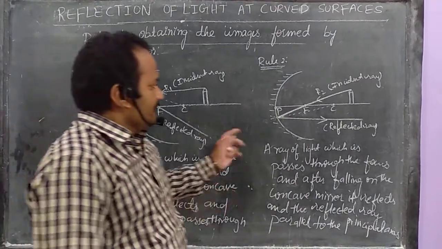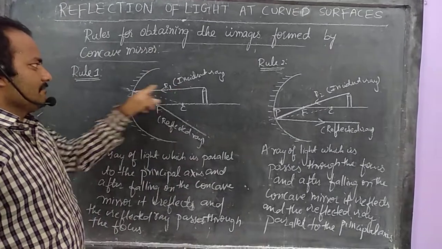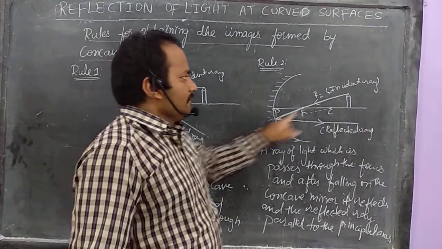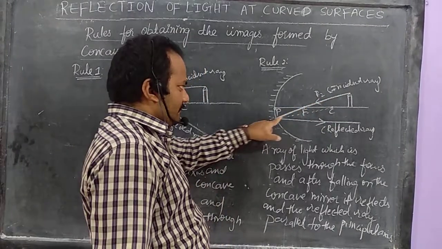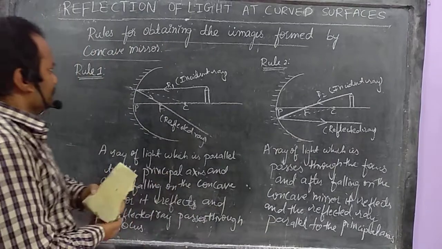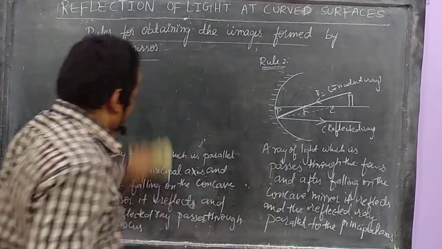So my dear students, we completed rule 1 and rule 2. So easy. See once again, rule 1, the incident ray is parallel and the reflected ray passes through the focus. What is rule 2? The incident ray passes through the focus and the reflected ray is parallel to the principal axis. Let us move to rule 3 and rule 4.